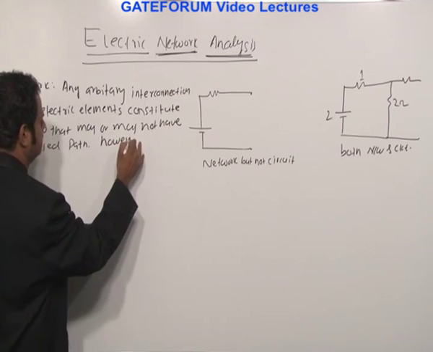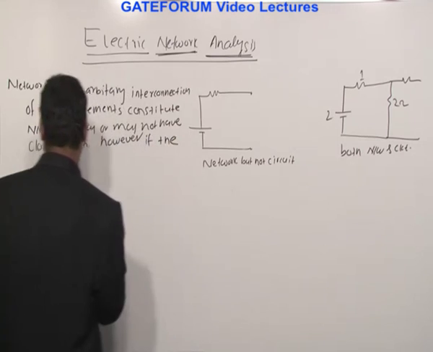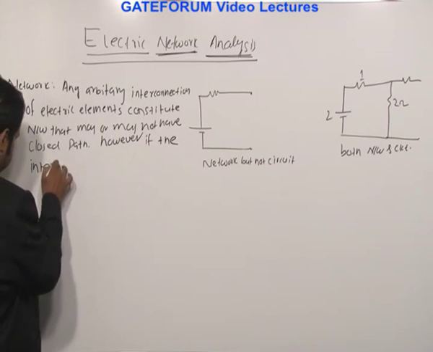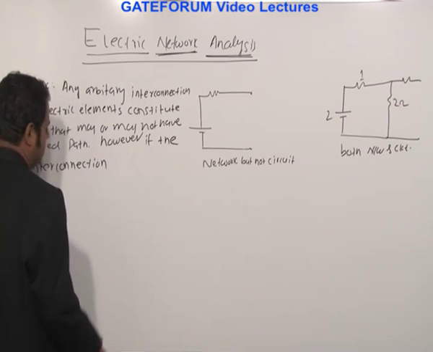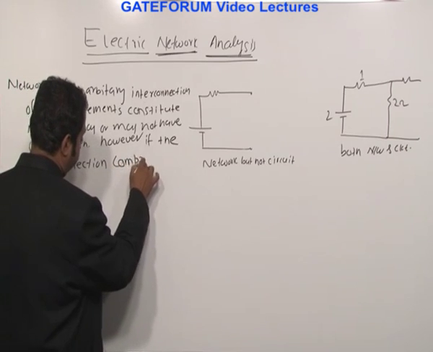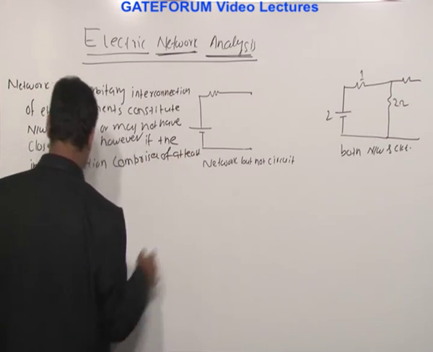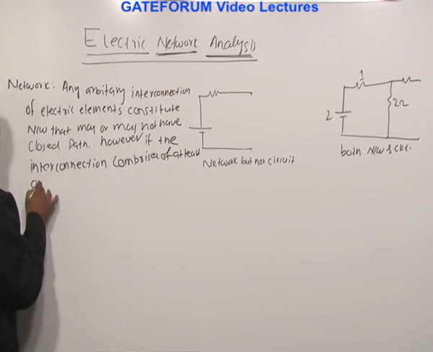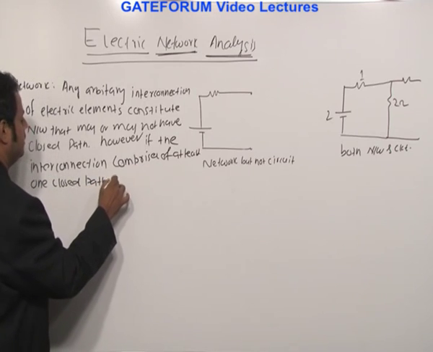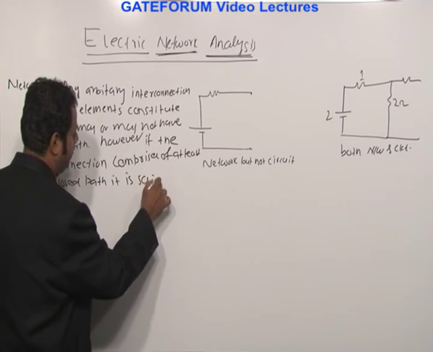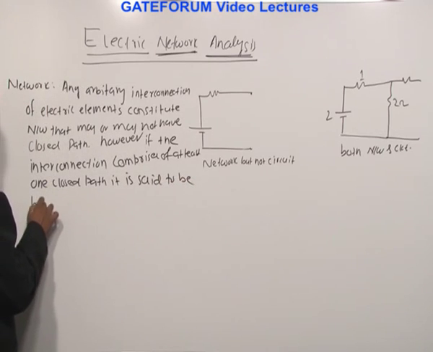However, if the interconnection comprises at least one closed path, it is said to be both a network and a circuit.